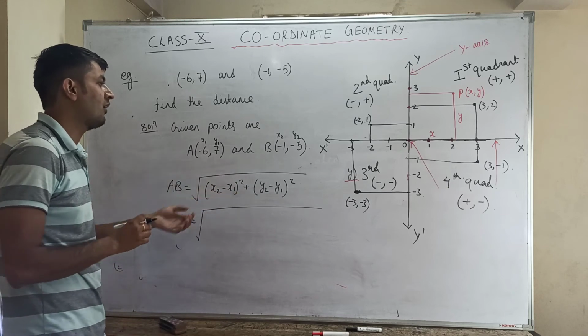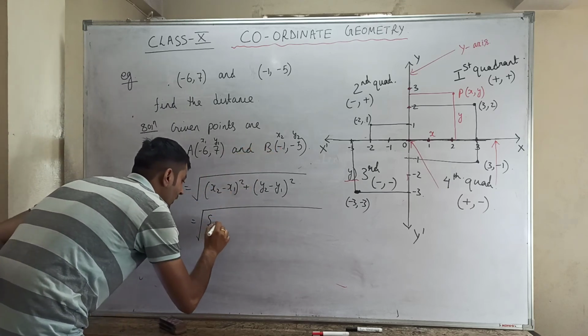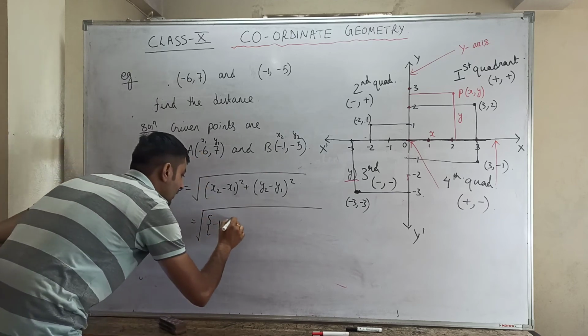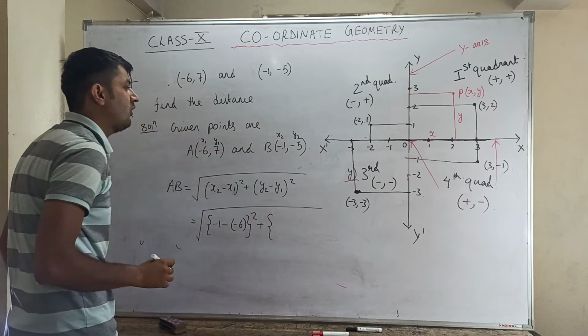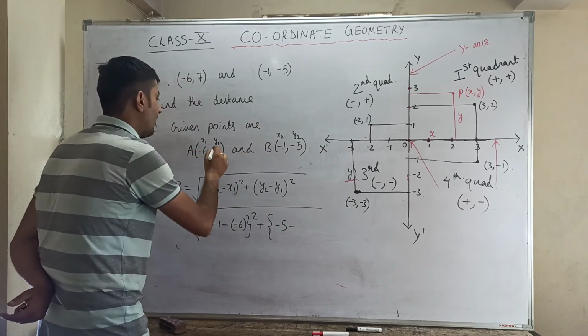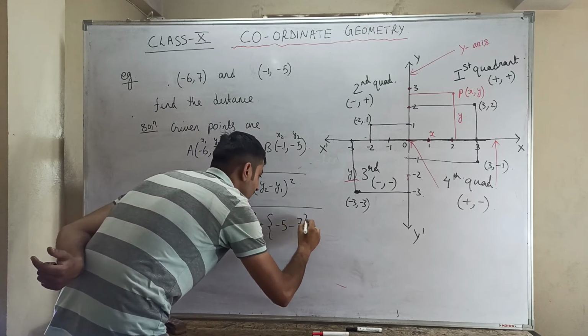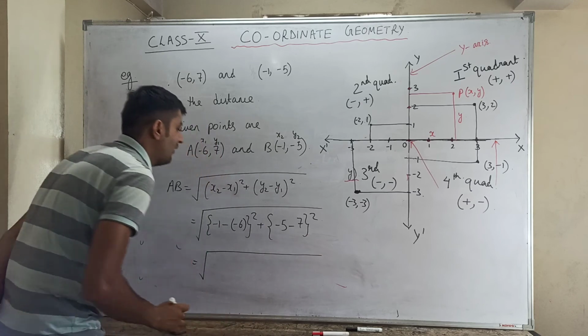Now, x2 minus x1. Always use brackets. x2 is minus 1, minus of minus 6, then whole thing square, plus y2 minus y1, minus 5 minus 7, whole thing square. You got it. Now you just have to simplify.